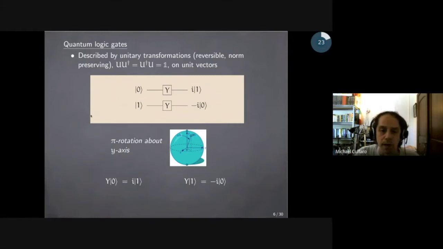There's also the Y gate, which is a rotation around Y. This will take 0 to 1, but it'll introduce a phase factor of i. And it'll take 1 to 0, thereby introducing a phase factor of minus i.